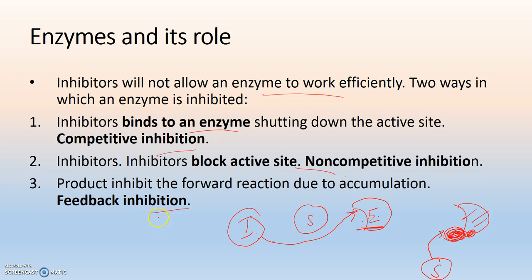Feedback inhibition is easy. Here the products accumulate, and because of the accumulation, they are blocking the actual substrate from coming and binding to the active site of the enzyme. So this is the enzyme, here are the products that are accumulating, here's the substrate, it wants to come and bind, it cannot bind.